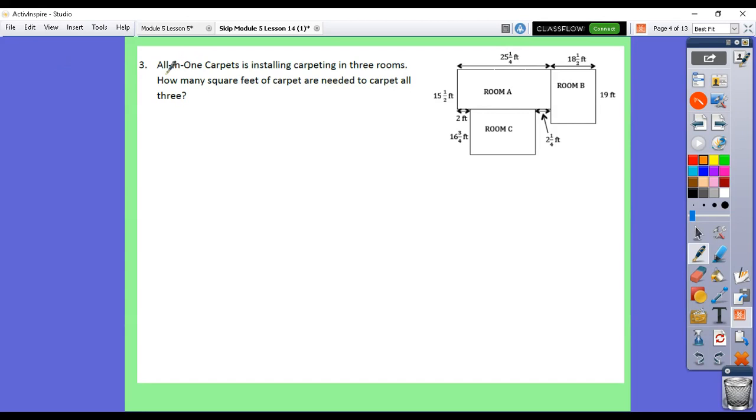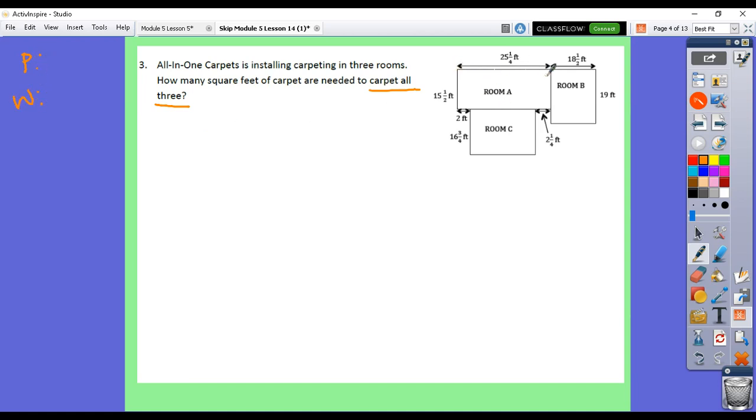So for our problem number 3, all-in-one carpets is installing carpeting in 3 rooms. How many square feet of carpet are needed to carpet all 3? So essentially we need to figure out all 3, but we kind of have 3 smaller problems here. We have part-whole first.